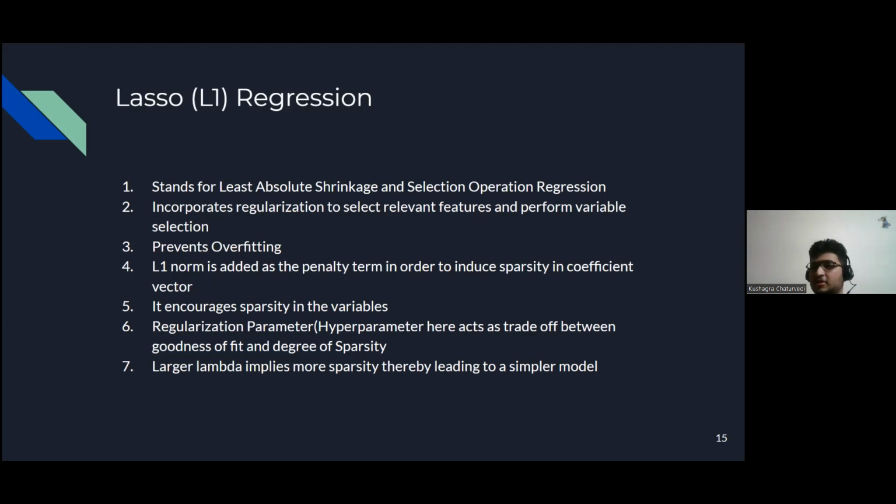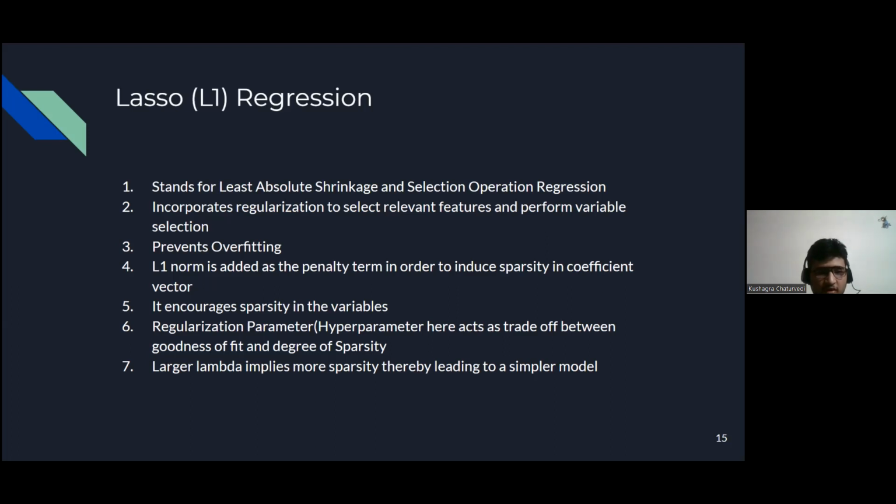It's basically a linear regression technique, but it incorporates this regularization term so that we can prevent overfitting from happening. Since overfitting has been prevented by the regularization term, the model also includes variables that are drawn towards sparsity.